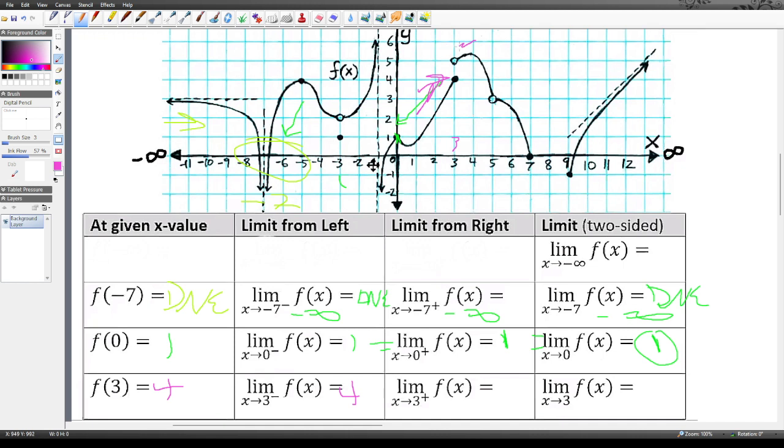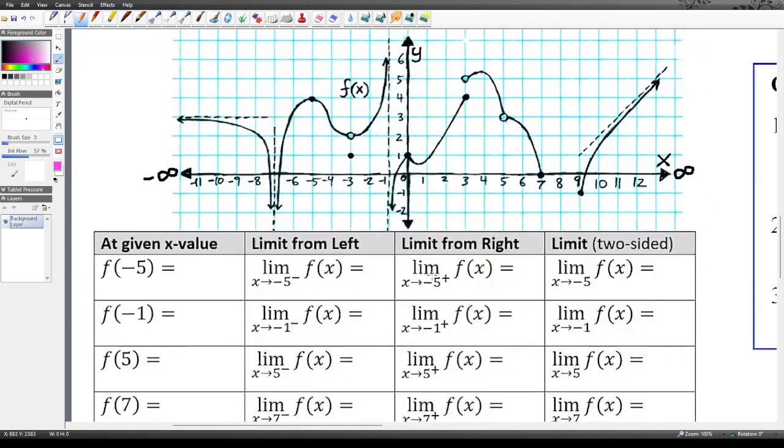Likewise, as x approaches 3 from the right side or the positive side, it's approaching very closely to 5. Since these two do not equal, there's no limit from both sides. So it's undefined. Let's move on to the next pair of questions.